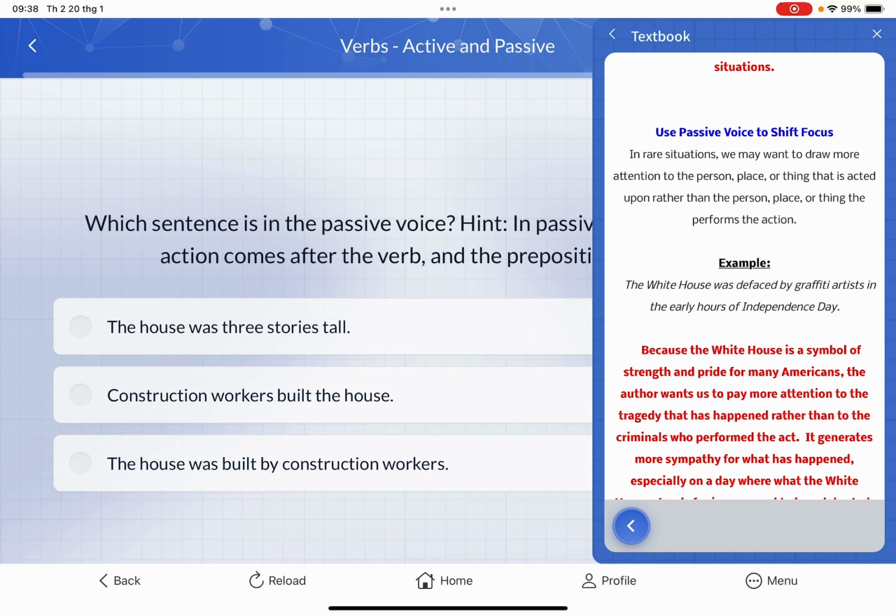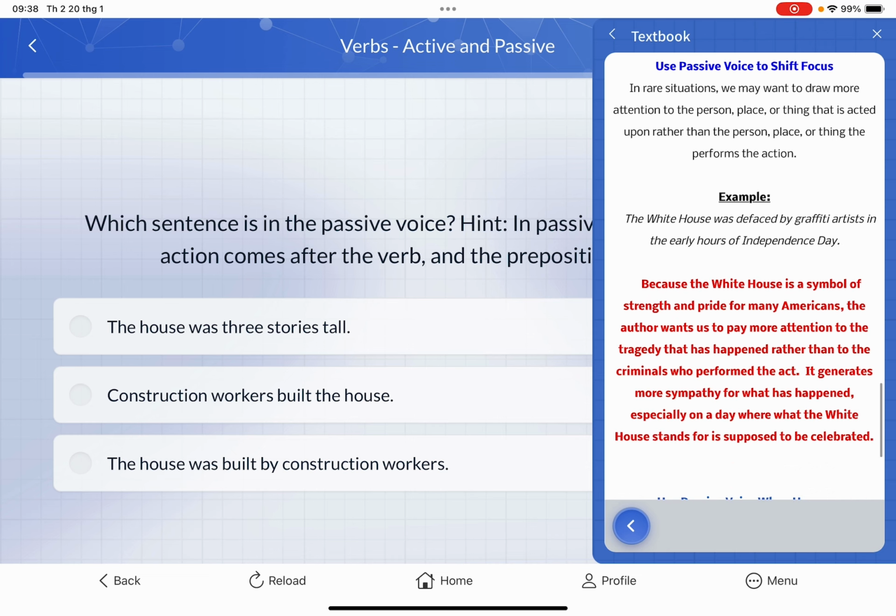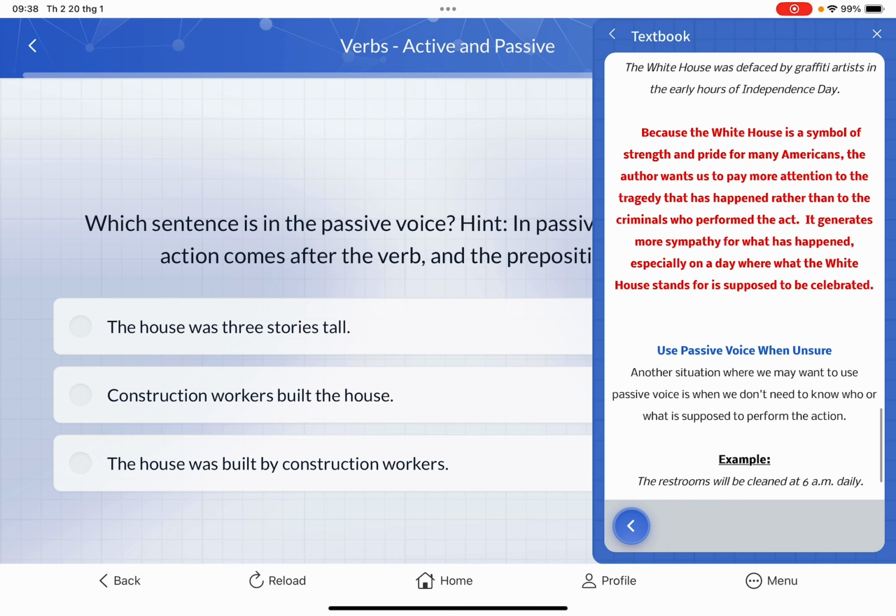Because the White House is a symbol of strength and pride for many Americans, the author wants us to pay more attention to the tragedy that has happened rather than the criminal who performed the act. And it generates more sympathy for what has happened, especially on a day where what the White House stands for is supposed to be celebrated.